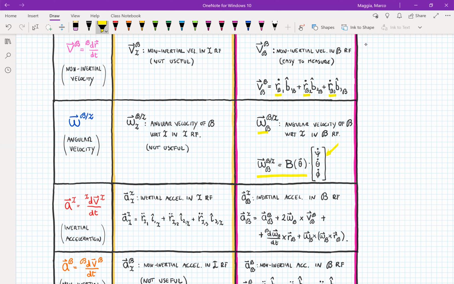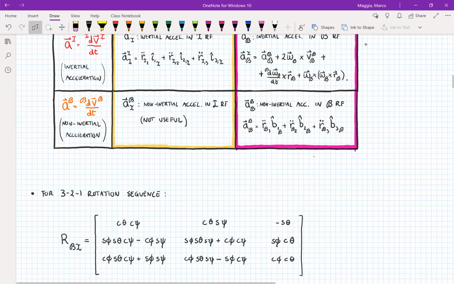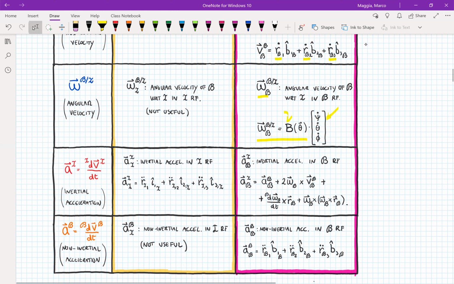And for an expression of the matrix B, I think I wrote it down later on, but you can always refer to the notes for the previous lecture.